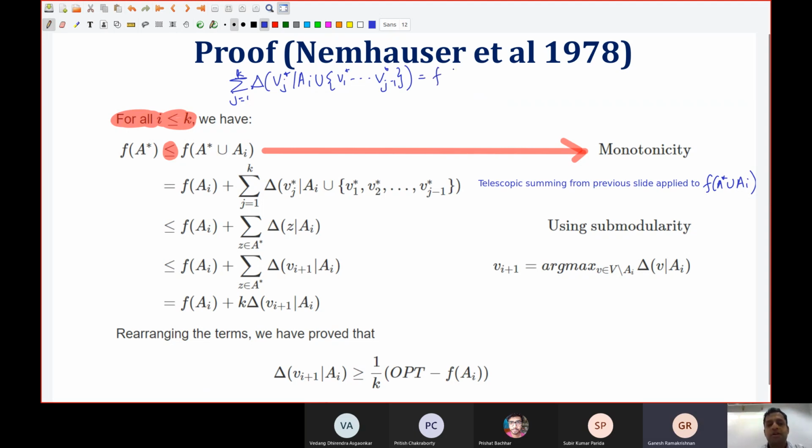So this is nothing but f of vj star union A_i union v1 star to vj minus 1 star, minus f of the same thing, but without vj star, right? A_i union v1 star all the way to vj minus 1 star. Correct? And then the next term. So now you can see it's the same thing basically unfolding. Plus the same term.